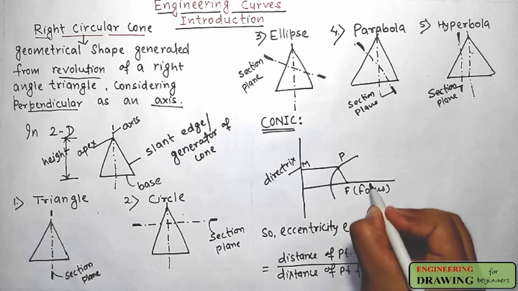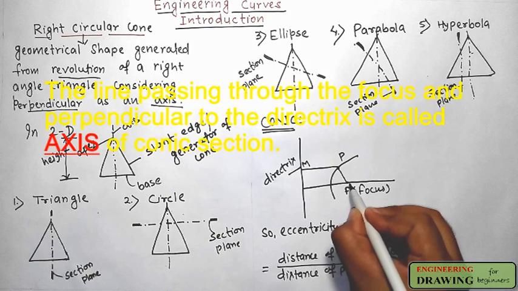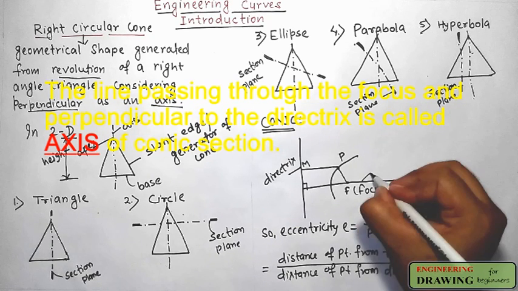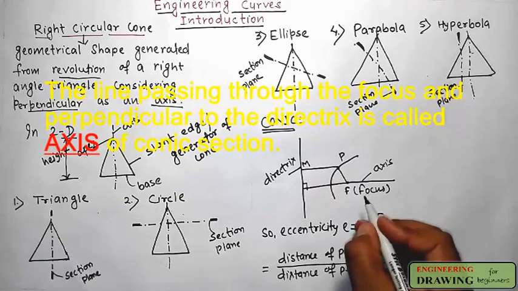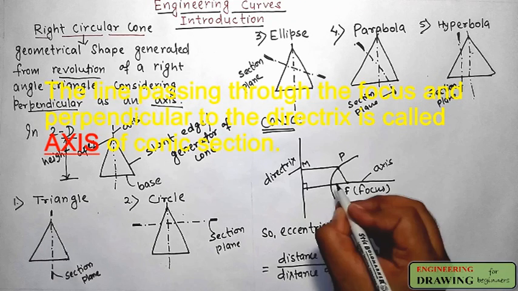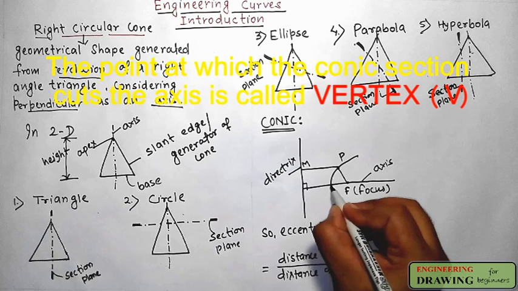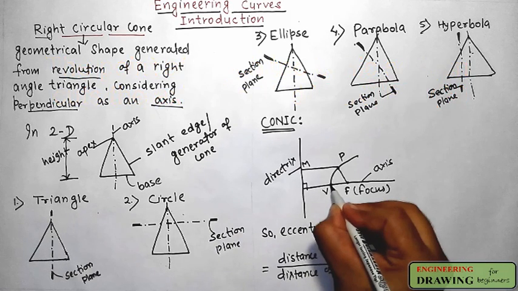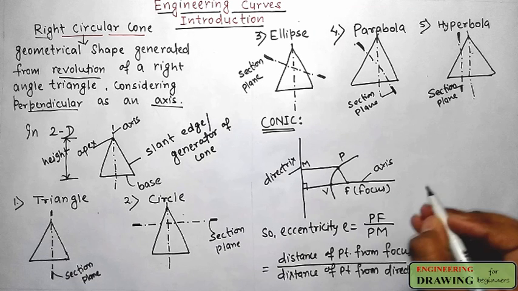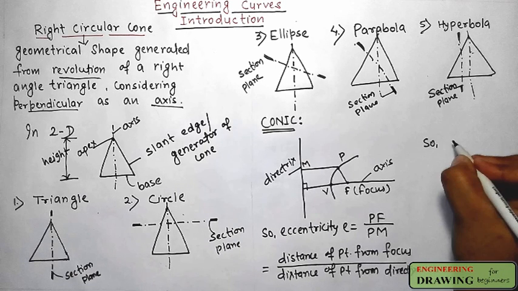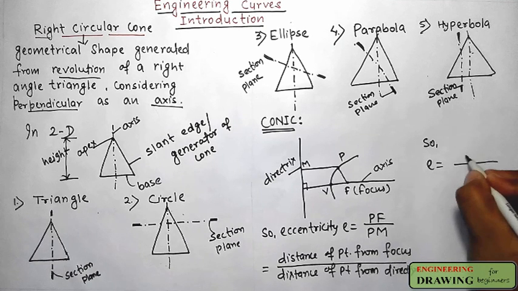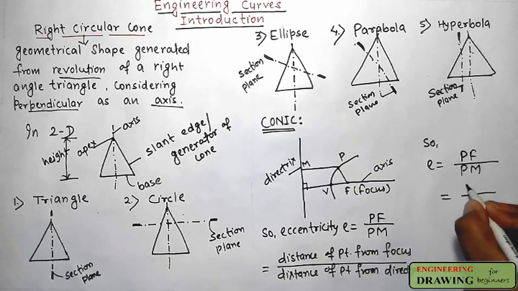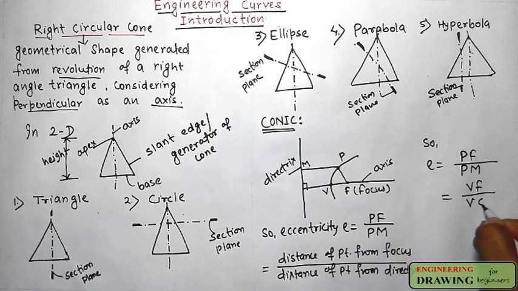The line passing through the focus F and perpendicular to the directrix is called the axis of the conic section. The point at which the conic section cuts the axis is called vertex V. Since the vertex is also a point on the conic section, we can also write e is equal to PF upon PM or VF upon VC.